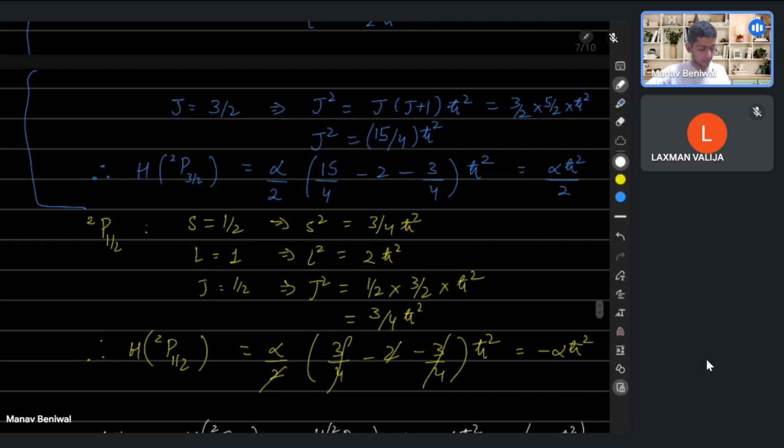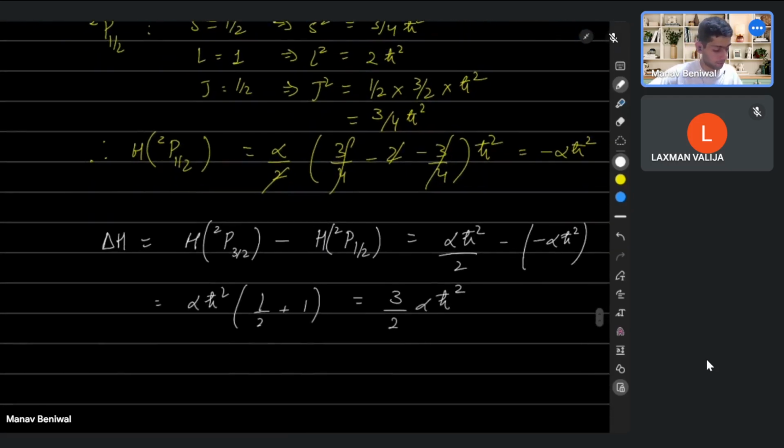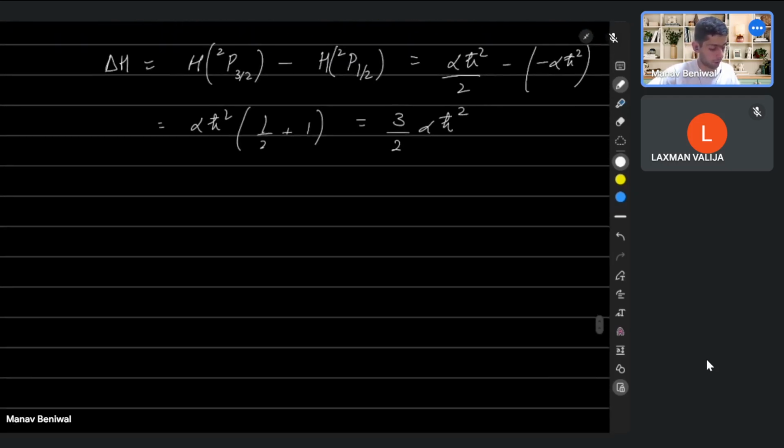So because we have now calculated these energies, what we can actually do is see how this splitting is happening. Let us say this was our L equals 1 or p orbital. Now when we consider spin orbit coupling, let's say this is the same energy, we get two states, right?